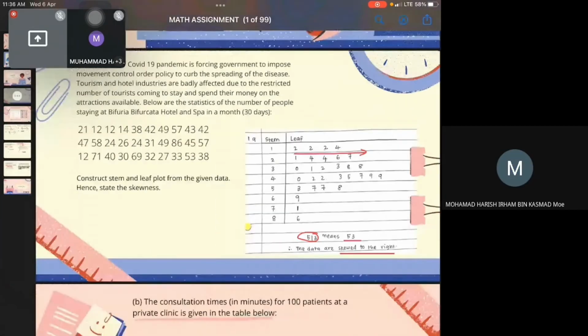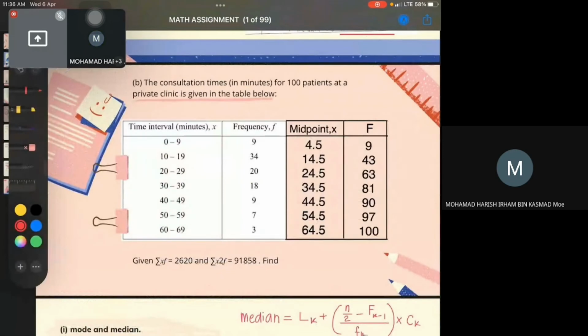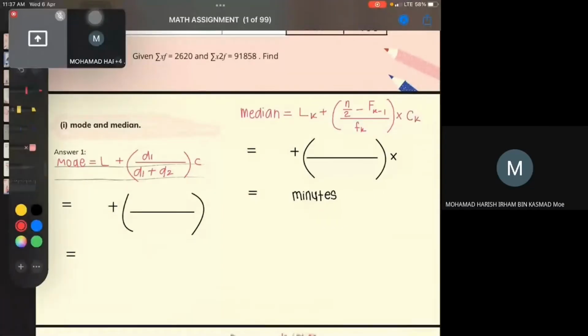Okay then, for the next question, we are asked to find the mode and also the median. Then we can also add the new table in here. To find the mode, we must apply the formula L_K plus bracket D1 over D1 plus D2 bracket close bracket open bracket C_K close bracket.